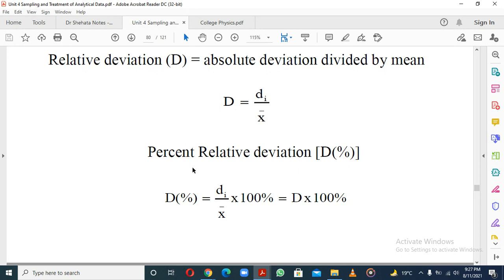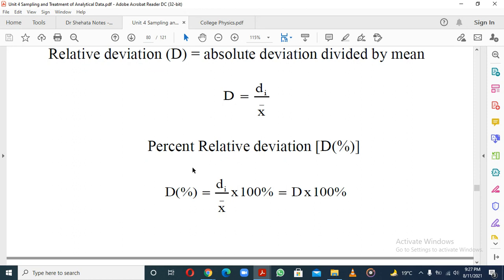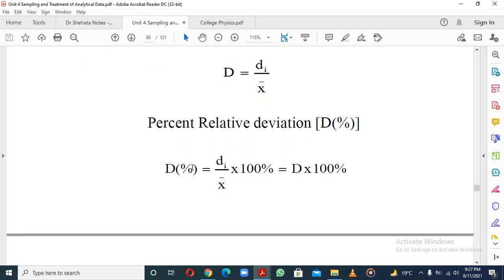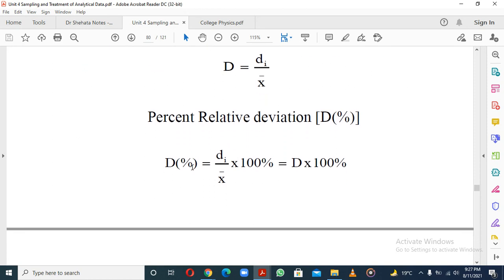Then you get your relative deviation. If you want a percentage relative deviation, just multiply the relative deviation by 100%. Then you've gotten your value.